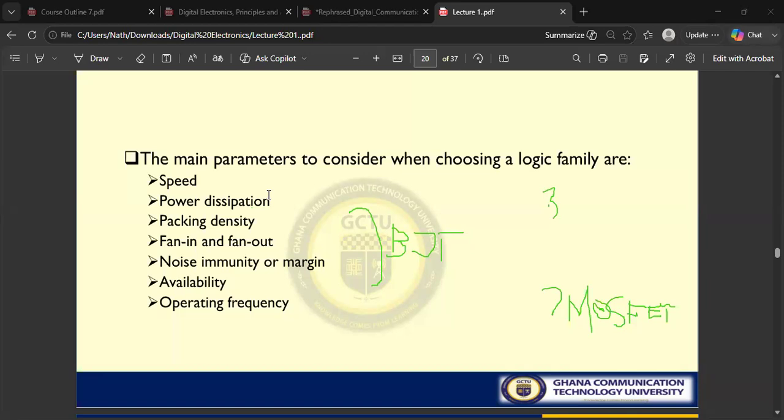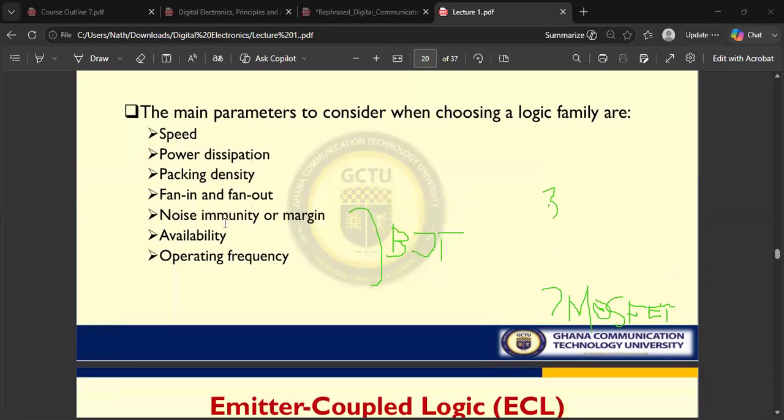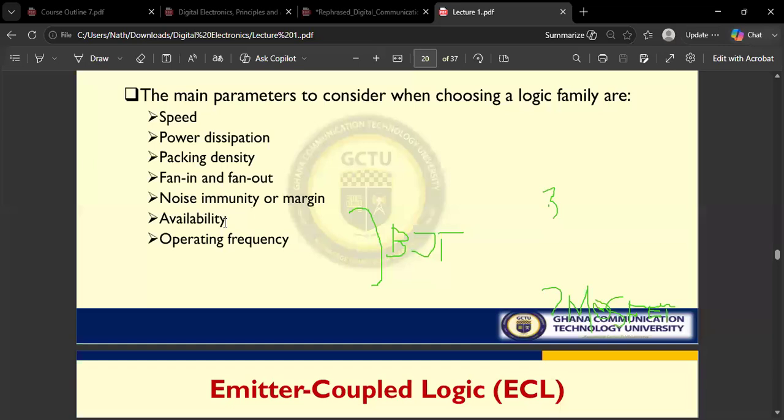We have the fan-in and fan-out. The fan-in is just the maximum number of digital inputs a single logic gate can accept.